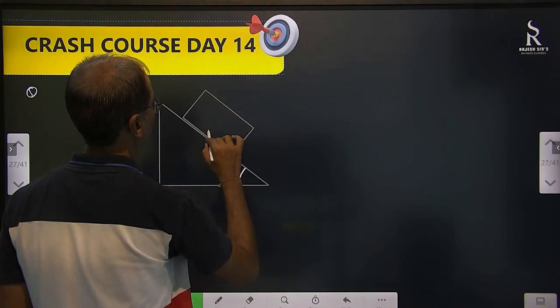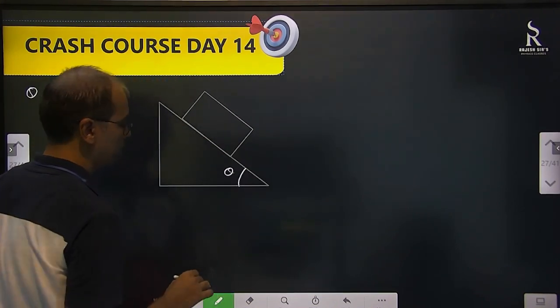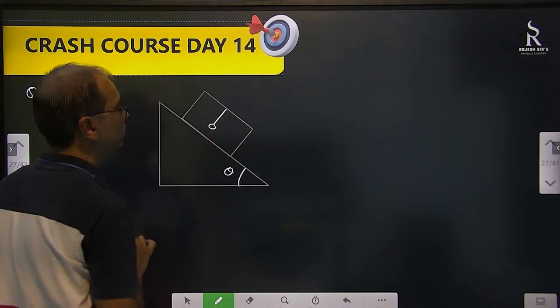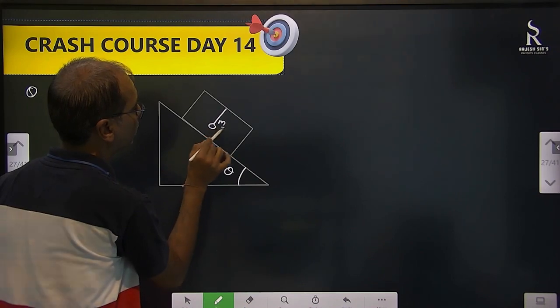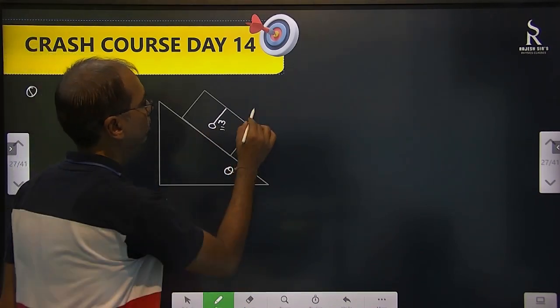So this is the box, and in this box we have one pendulum inside. Mass is m. Now its time period is asked from us. And the box is released.